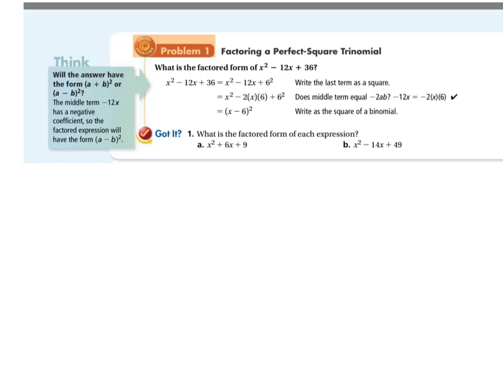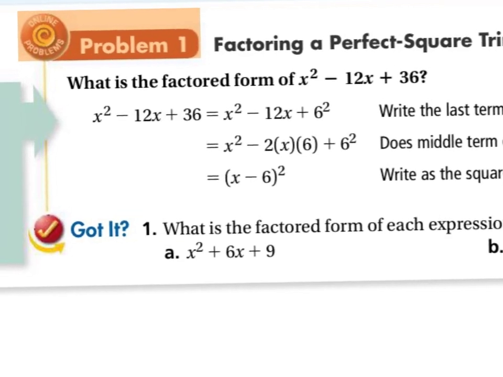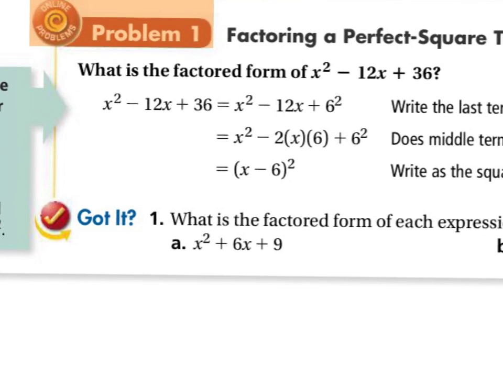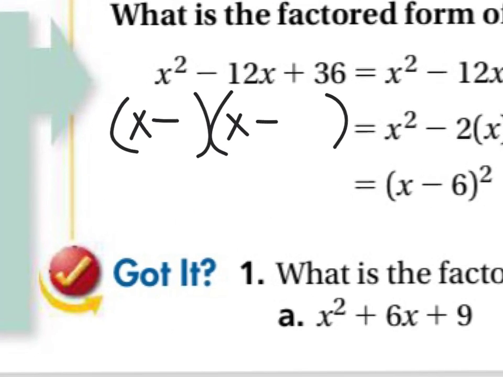So if you look at problem 1, they want us to factor this. The book goes through their whole process again. If you want to do it that way, you can. If you want to just do it like we've been, then that's fine too. We've got a plus 36 and we've got a negative middle term.